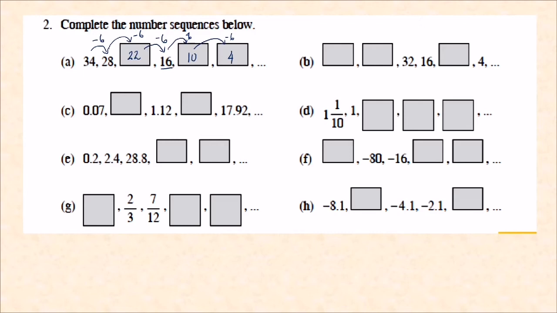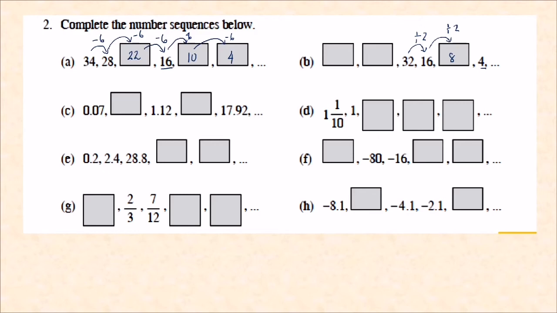Okay, so the next question, 32, 16. And behind here we have 4. So the numbers are also getting smaller. But from here we can see actually 32 is double of 16, meaning 32 divided by 2 equals 16. Okay, so 16 divided by 2 is 8. 8 divided by 2 is 4.